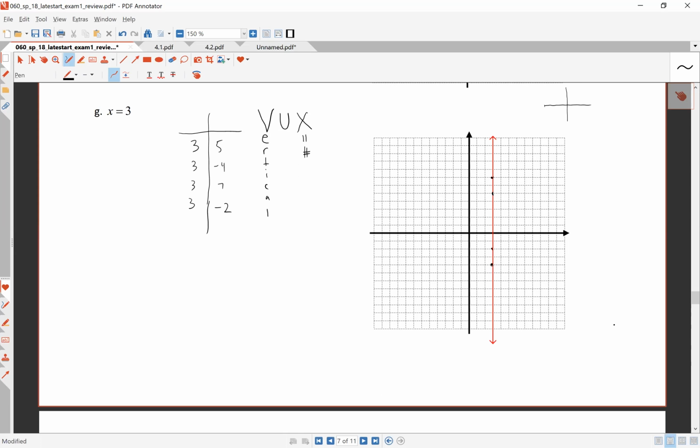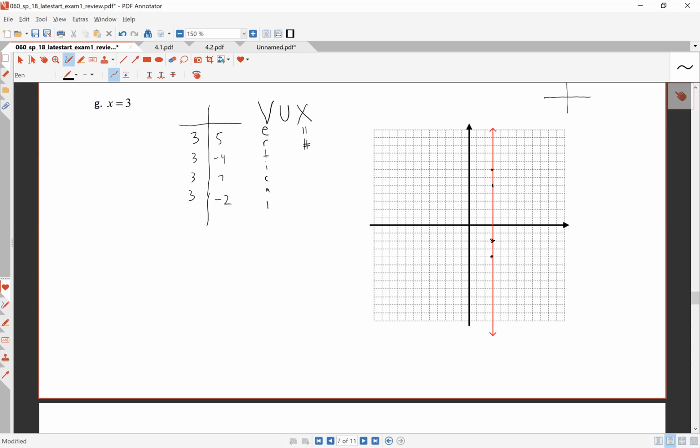So in moving from any point to another point on the line, this time it's all rise and no run. And when you do rise over run, say you rose 5, your run is 0, and you can't divide by 0. Division by 0 is undefined. And so we say that the slope of a vertical line is undefined.